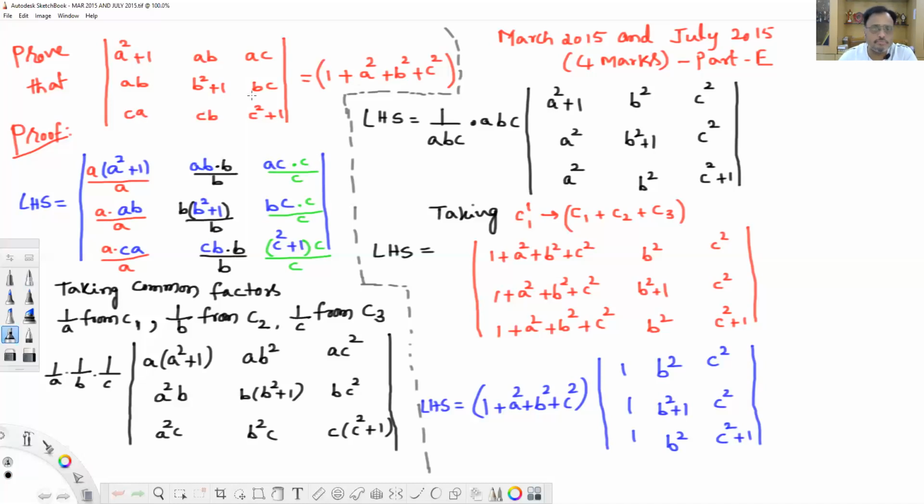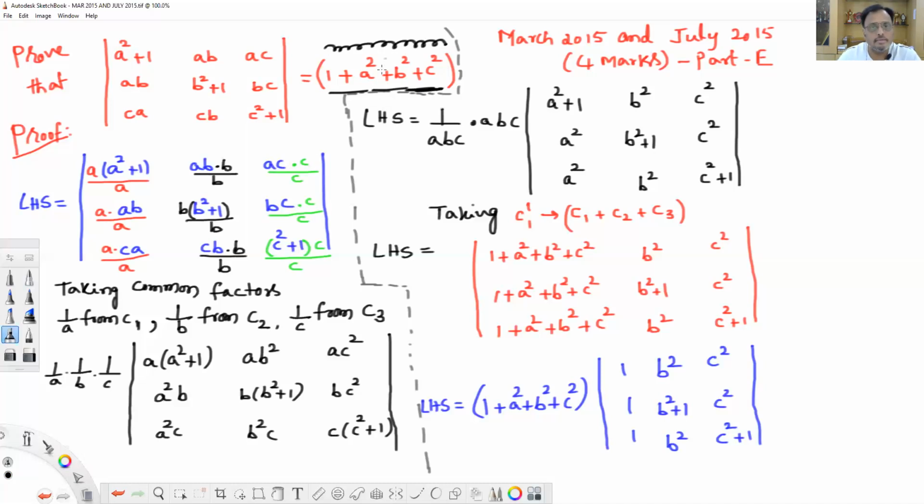So before finding the value of the determinant, see, he has asked us to prove this answer. This answer, 1 plus A square plus B square plus C square, is what we have to prove now.